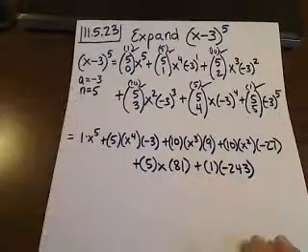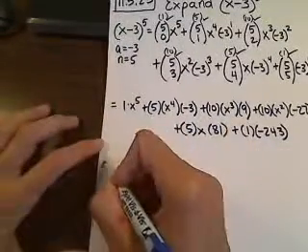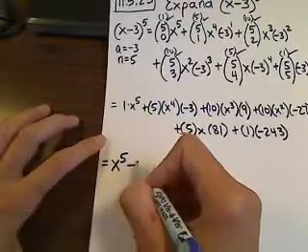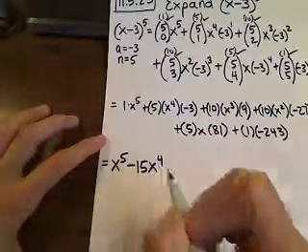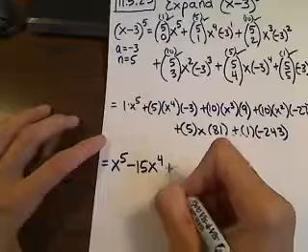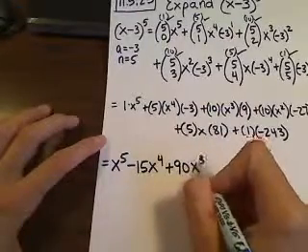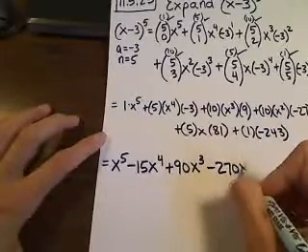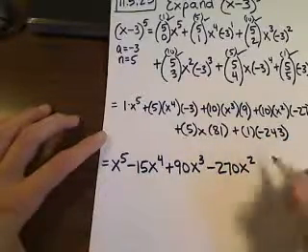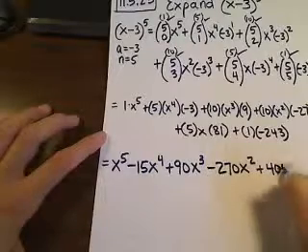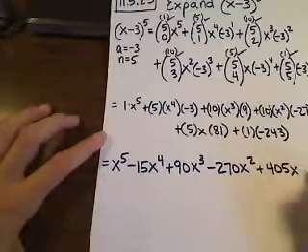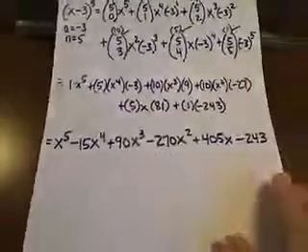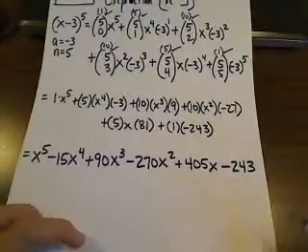Okay, and if we multiply all of those out and write it out, we have x to the fifth, a negative 15x to the fourth, a positive 90x cubed, a negative 270x squared, a positive 405x, and then a negative 243.